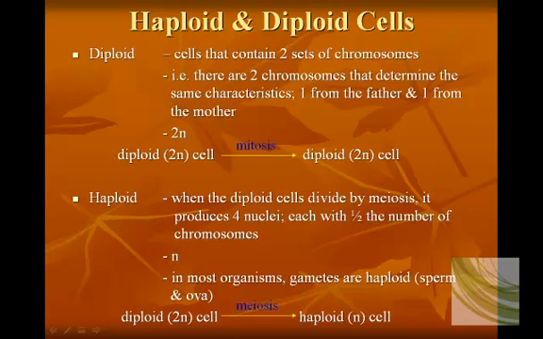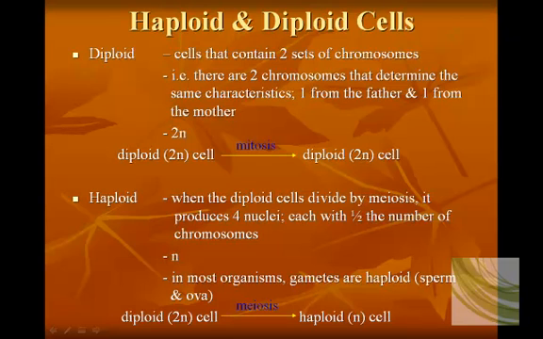Next, the haploid. The term haploid is defined as when the diploid cells divide by meiosis, it produces 4 nuclei, each with half the number of chromosomes, symbolized as N. The haploid condition can be seen in most organisms in their gametes, where they are always haploid.